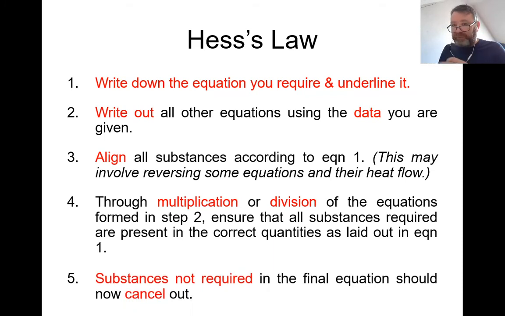So a 5-step procedure. Write down, number one, the equation that you want to get. Number two, use the information given and write out the equations of what's given to you. Number three, align the products and the reactants into the correct manner following what you wish to build. Number four, multiply or divide the quantities to make sure they match what you require. And lastly, eliminate what you do not require and gather the result.